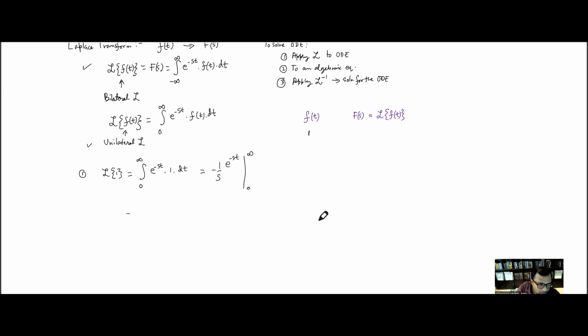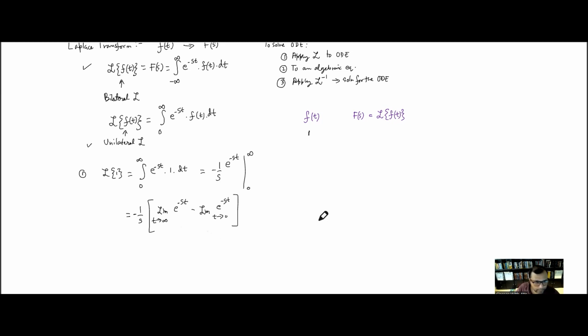Okay. Now, if I take minus 1 by s outside of the brackets, then this becomes the limit of e to the power minus st when t tends to infinity minus the limit of e to the power minus st when t tends to 0.